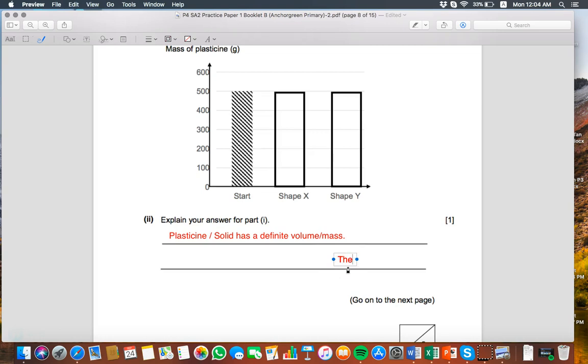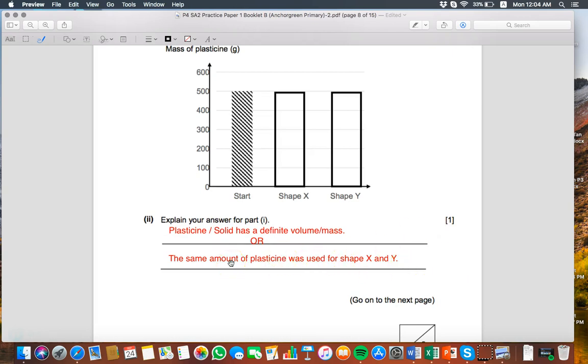Another answer would be the same amount of plasticine was used for shape X and Y. So I either accept the first answer or the second answer. Please check if you have the second answer.